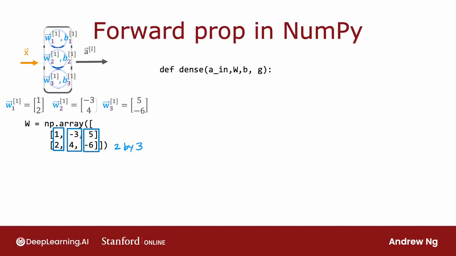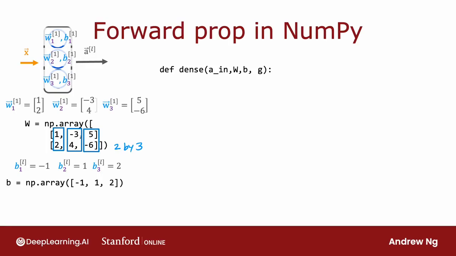And then in a similar way, if you have parameters b, b1_1 equals -1, b1_2 equals 1, and so on, then we're going to stack these 3 numbers into a 1D array b as follows: -1, 1, 2.